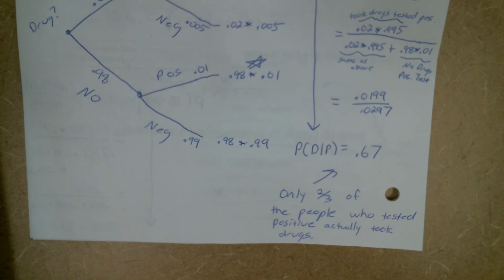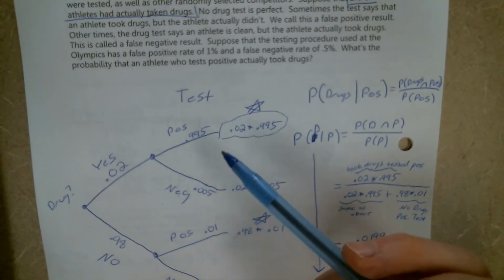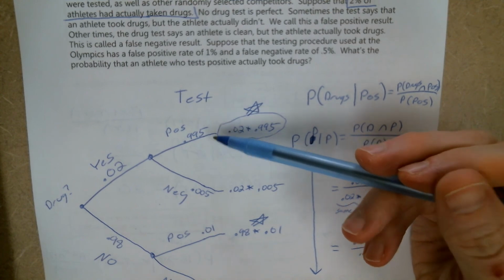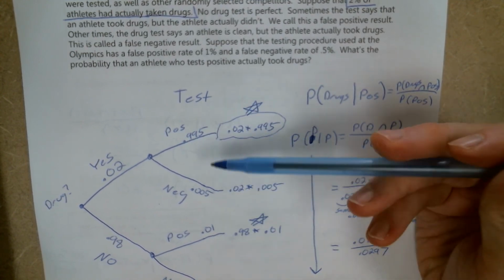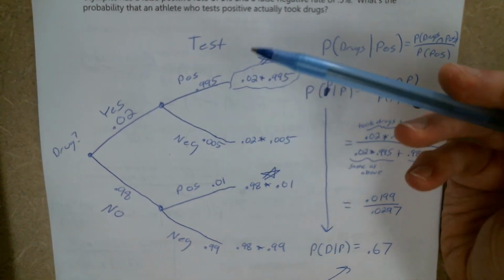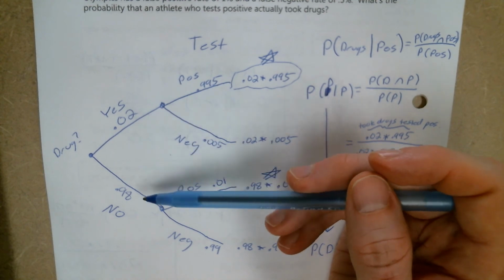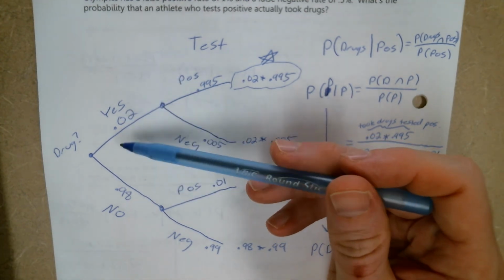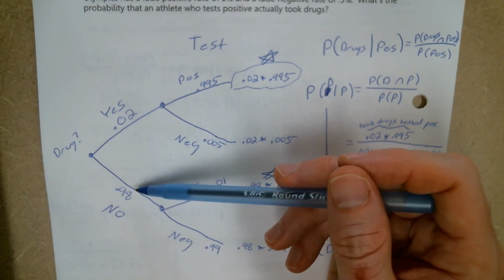And the reason people are usually off is that they focus on the accuracy of the test. They say, wow, the tests are super accurate, so most of the people that test positive must be guilty. And they ignore the base rates, these base rate probabilities that say 98% of the people didn't take drugs.